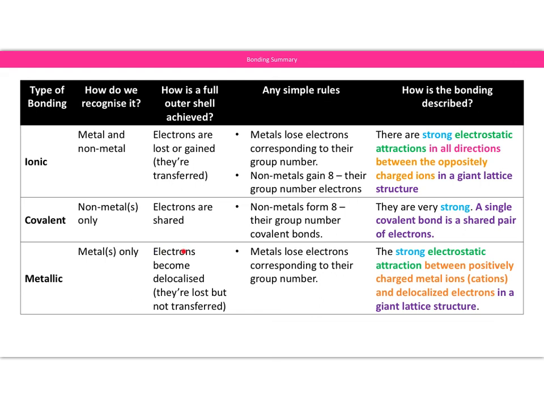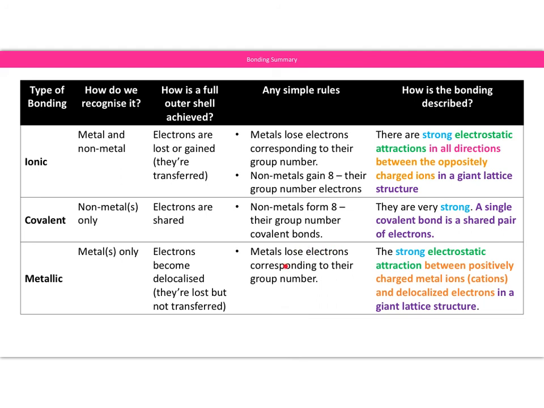Finally, metallic consists of metals only. Full outer shell is achieved. Remember, we said even in the ionic bit, metals lose electrons, so that's what happens here. So each metal atom loses its outer electron or electrons, and as such they become delocalized. So they're lost, but they're not transferred, so they're still in the metallic structure.